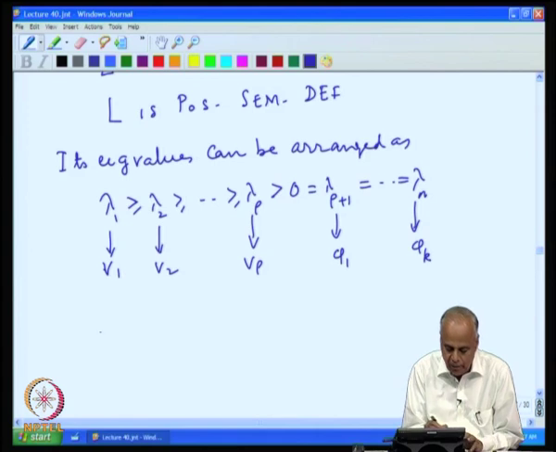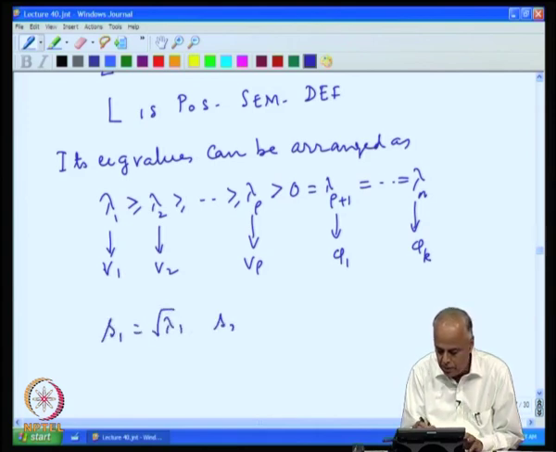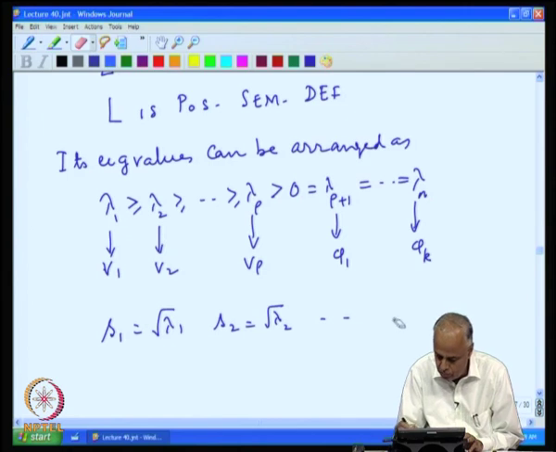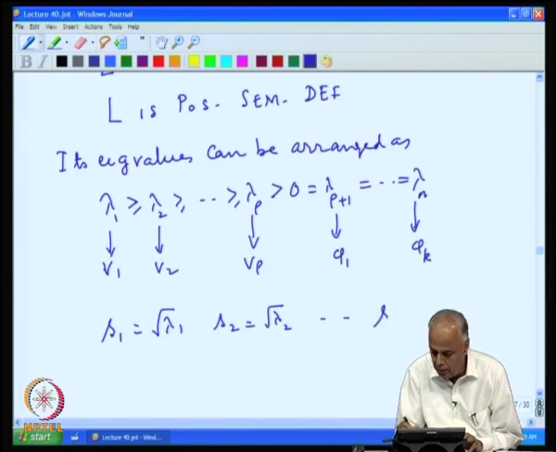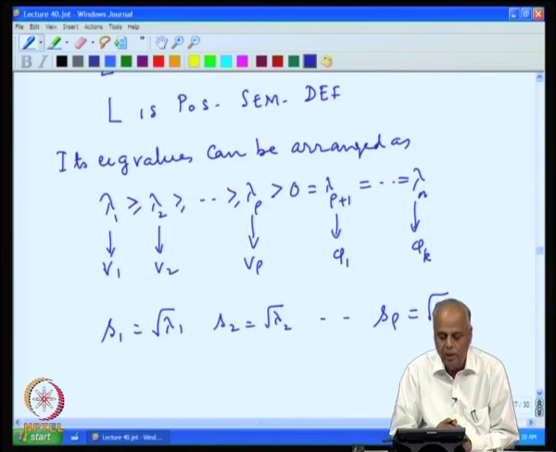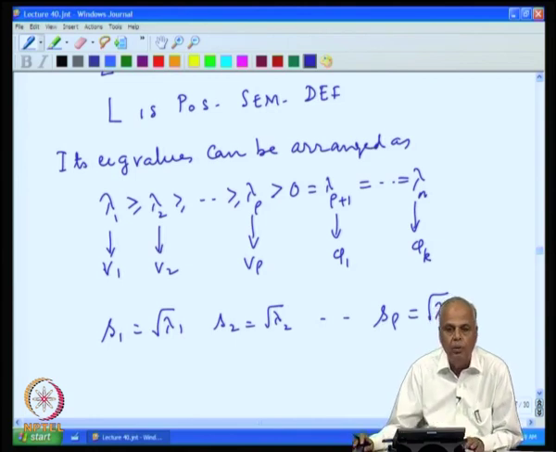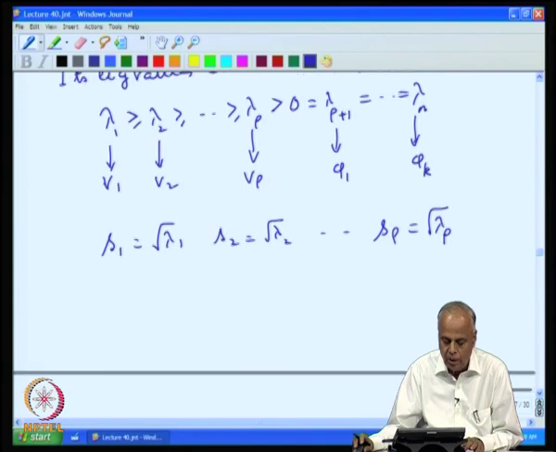And then we defined S1 to be the square root of lambda 1, S2 to be the square root of lambda 2, ..., S rho to be the square root of lambda rho. These were the singular values. Whenever we say square root, we mean the positive square root.